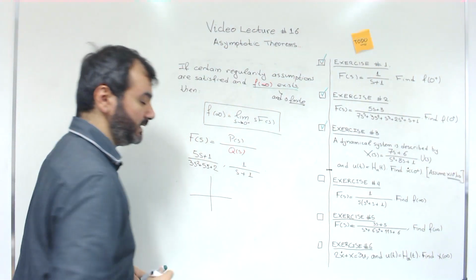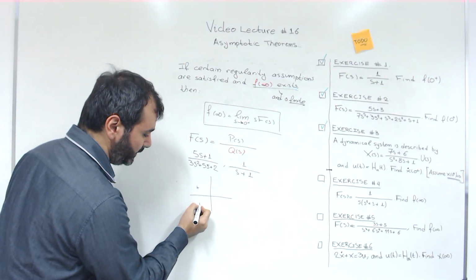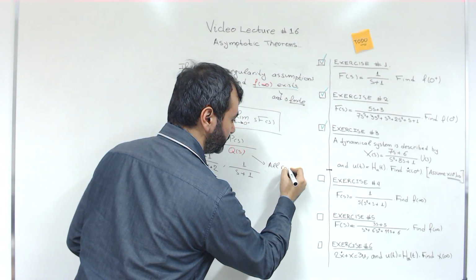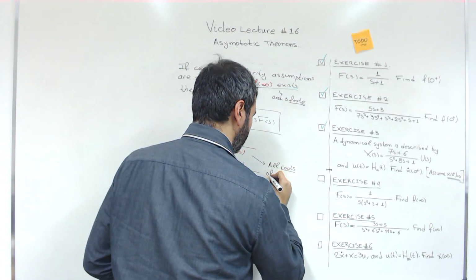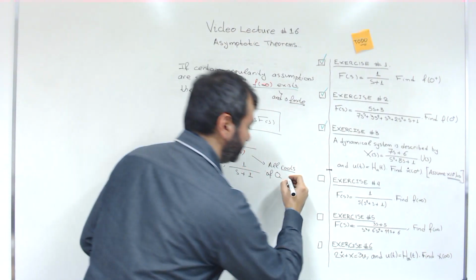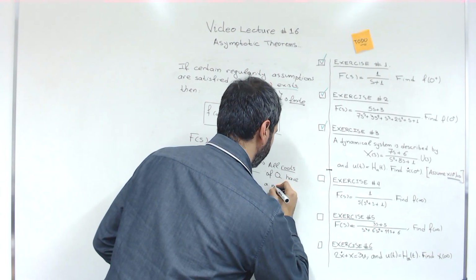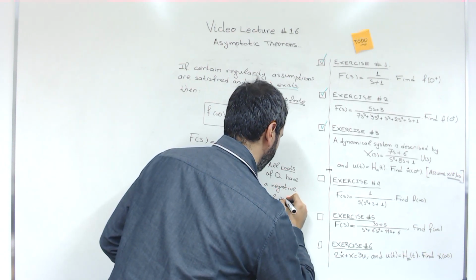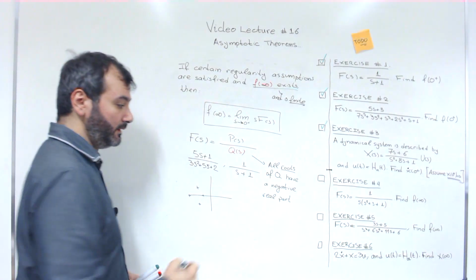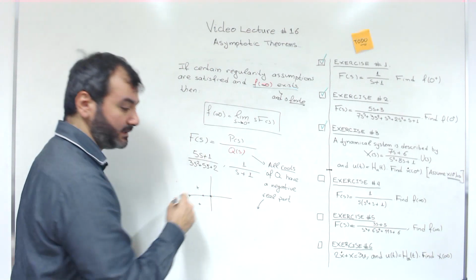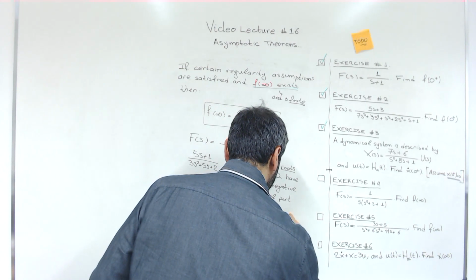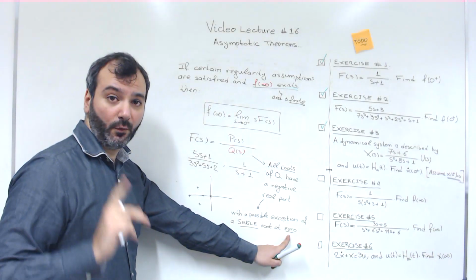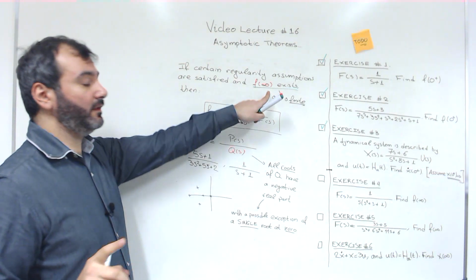If the denominator has some roots which are in the open left part of the complex plane, if all roots of this polynomial Q have a negative real part with a possible exception of one root at 0, with a possible exception of one single root at 0, then this limit exists.